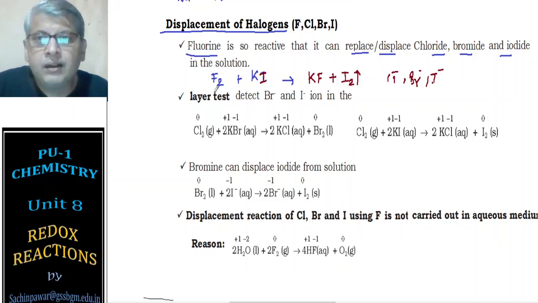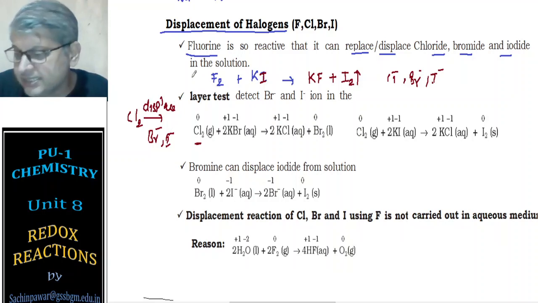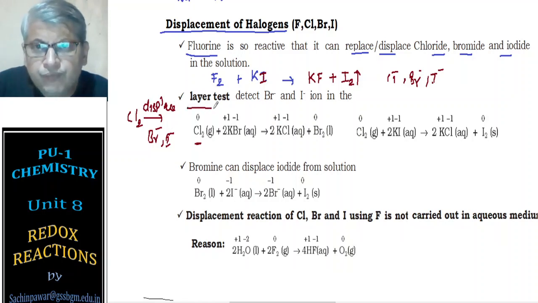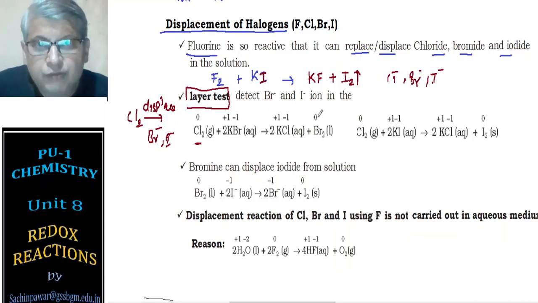Okay, chlorine also has an ability to displace. The chlorine Cl2 can displace the bromide ion and iodide ions. And this is a simple test, which is used as a layer test to detect bromide ion and iodide ions.